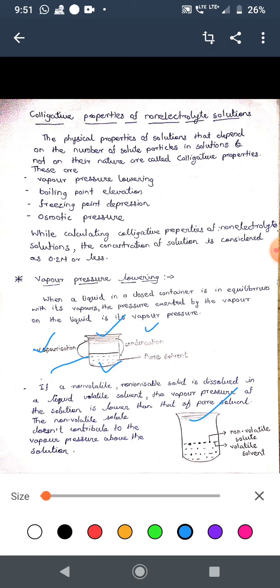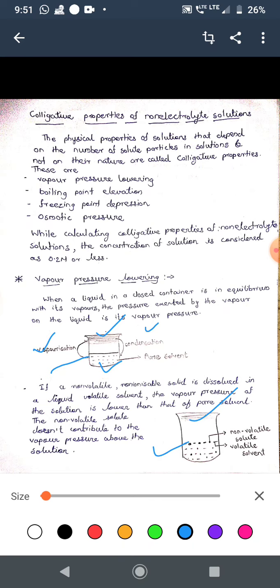So the beaker that we now have in the second case with non-volatile solute, if this is kept in the lab at room temperature, what will happen? You can observe that at the surface here, both solvent molecules and solute molecules are present.